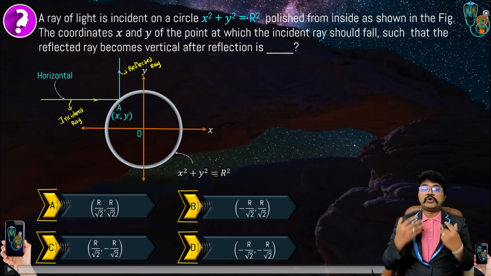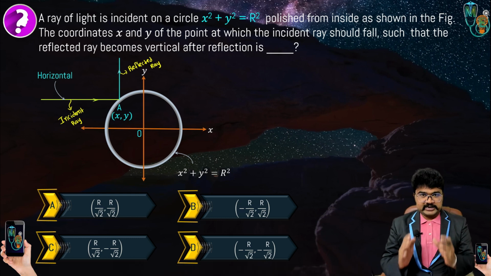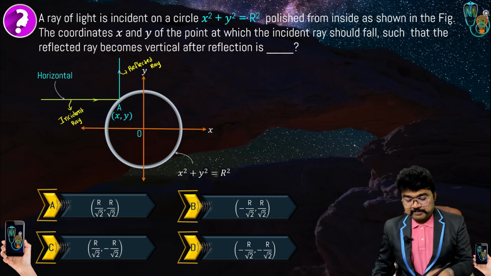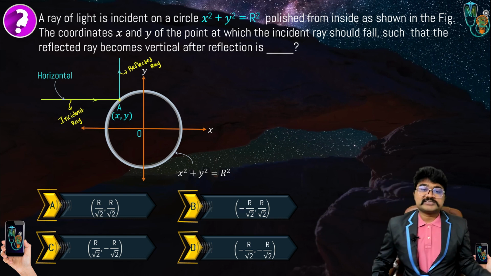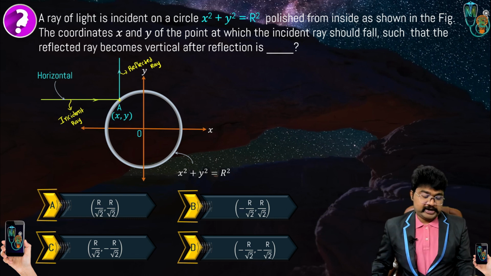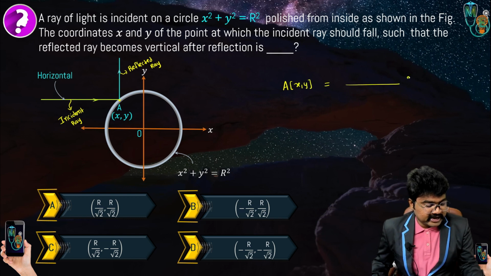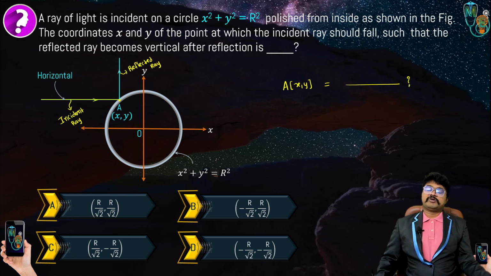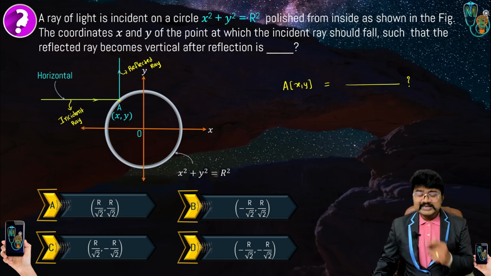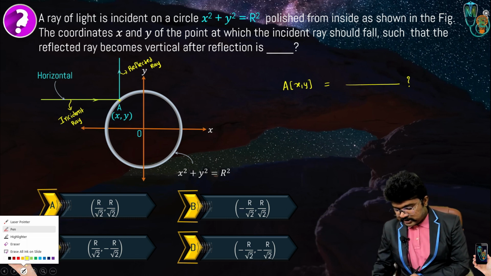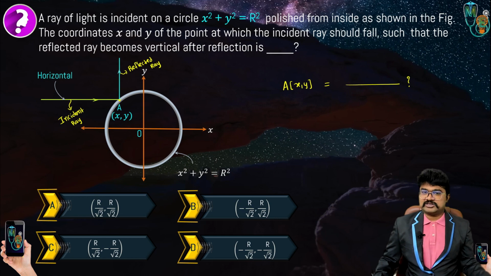So in order to get a vertical reflected ray, the horizontal incident ray must fall at a particular point A. They are asking for the coordinates of the point A, x comma y. It's very simple to solve the problem.